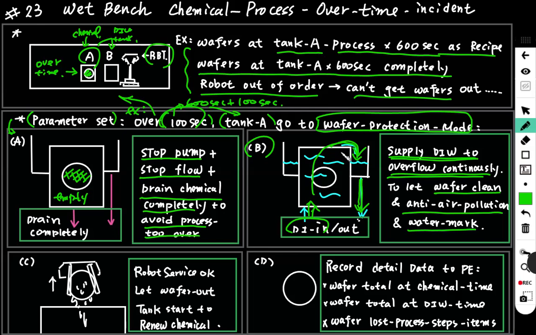If we just use water to clean with no continuous supply, just clean and drain water, then the wafer is still in the atmosphere environment and the water and chemical will drop from the surface.